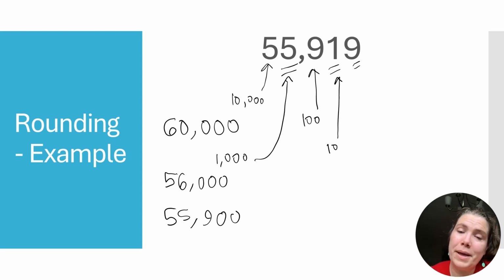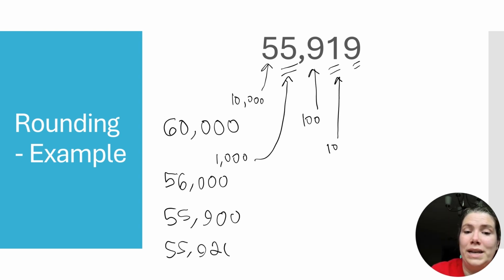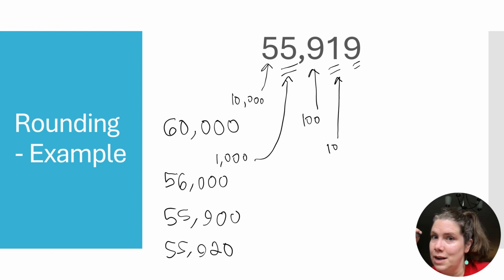So we're going to go up. So 55,919 turns into 55,920. It's closer to 55,920 than it is to 55,910. We can't round to the nearest ones place because we don't have anything after the decimal.